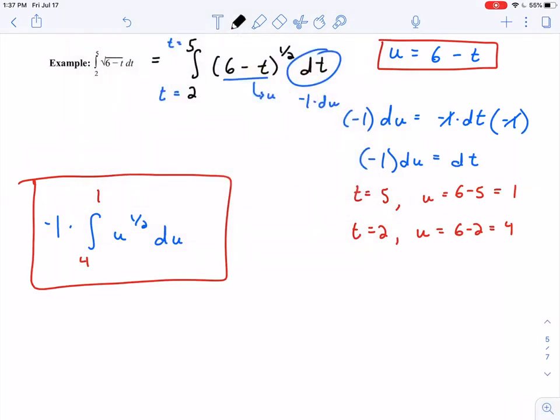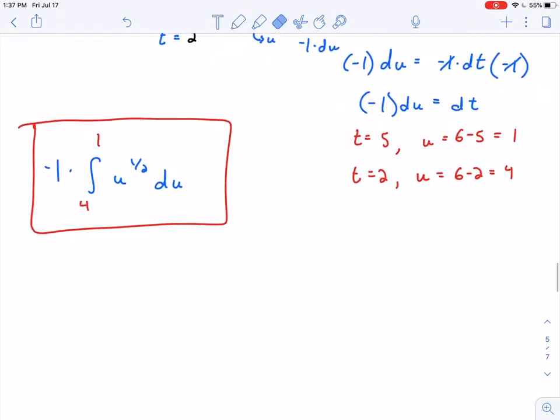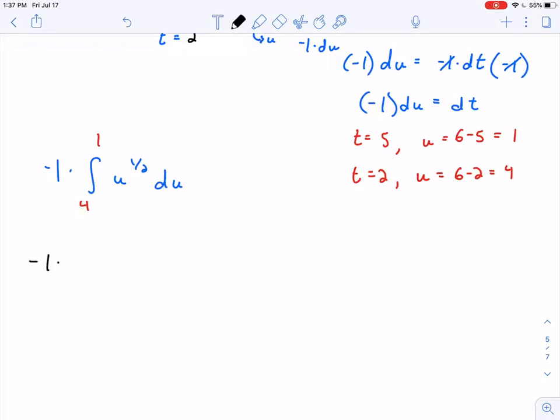So I'm going to continue on with this problem. The -1, we're not going to worry about that till the end. I'm going to add 1 to the power, so this will be u to the 3/2 power times 2/3, the reciprocal, and I'd like to evaluate that at 1 and 4. So this is really -1 times 2/3, let's just say -2/3.